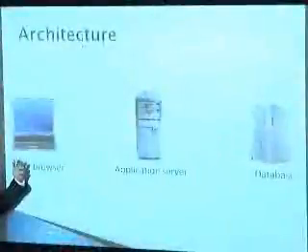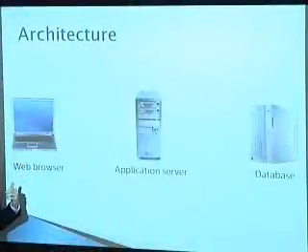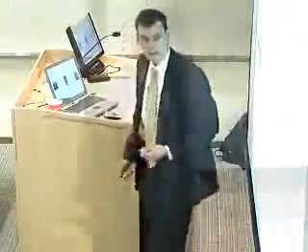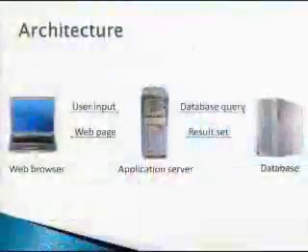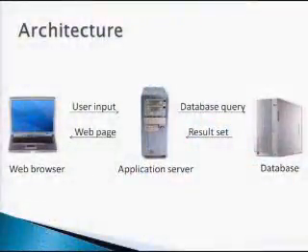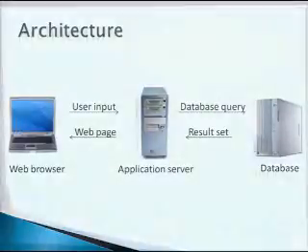At the front end, you've got this web browser, which functions as the user interface. And through that, the user provides some input to the application server, which will then take that and typically use it to produce a database query for the backend database, which manages the persistent data. And then there's some result set returned, and based on that result set, perhaps some web page comes back to the user.